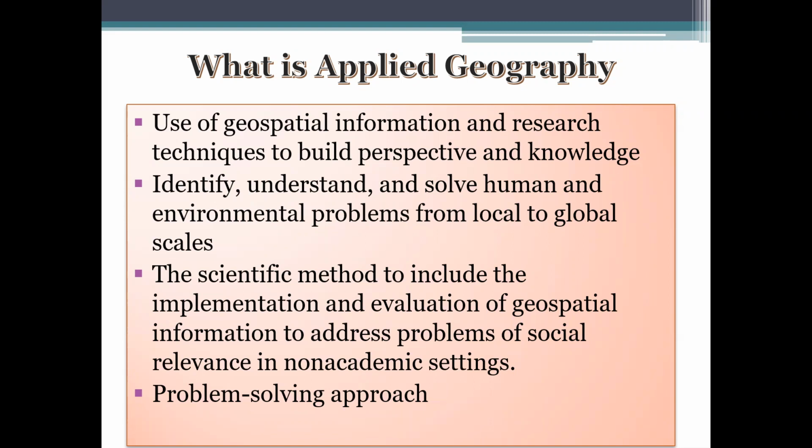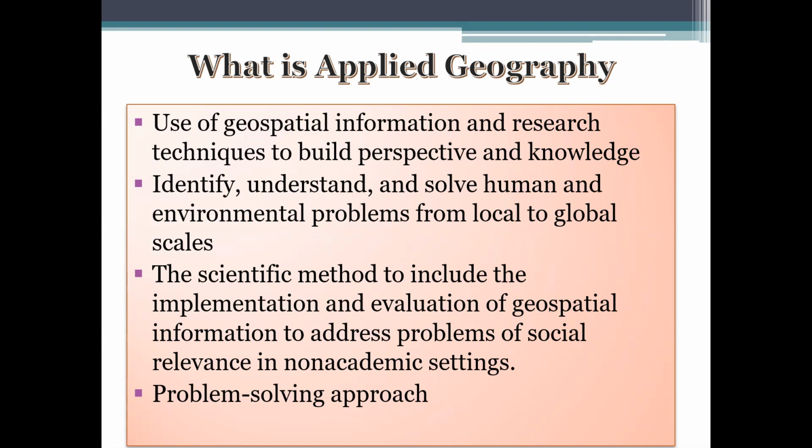It says that applied geography is the use of geospatial information and research techniques to build perspective and knowledge. Without building real and important perspectives and knowledge, we can't address the issues.